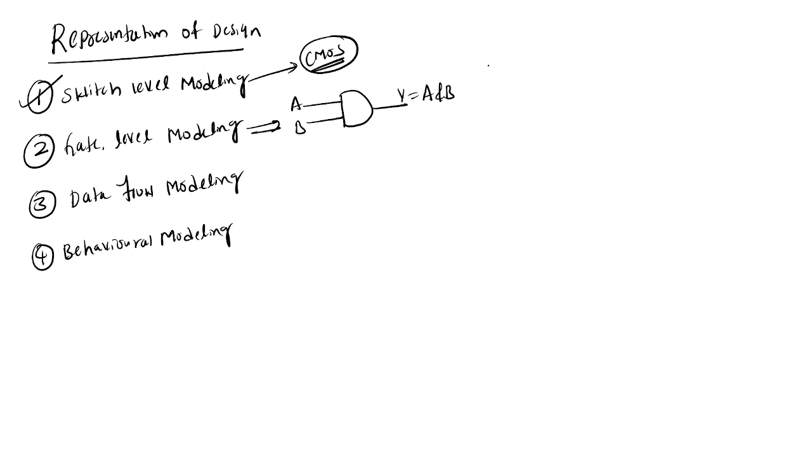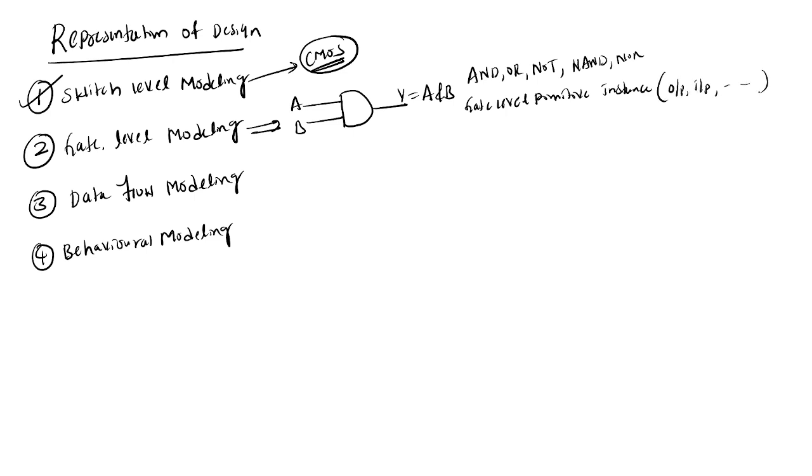There are some predefined gate level primitives like AND, OR, NOT, NAND, NOR. Here the syntax will be the gate level primitive, followed by the gate level instance, followed by the output and inputs.